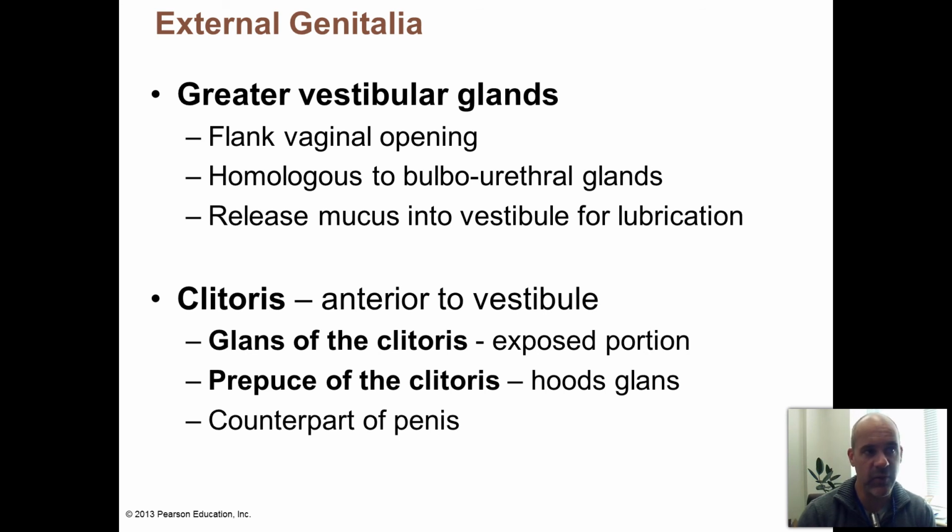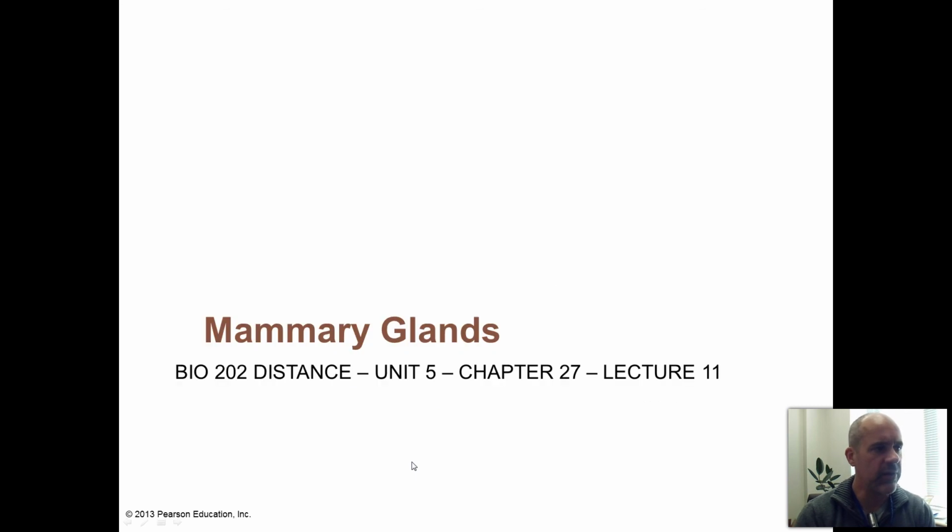The bulbourethral glands produce a lubricating fluid that covers the glans of the penis and helps lubricate for sexual intercourse, and the same thing happens with these glands in a female. It provides lubrication. Let's see, and then we already talked about the clitoris and its functions.